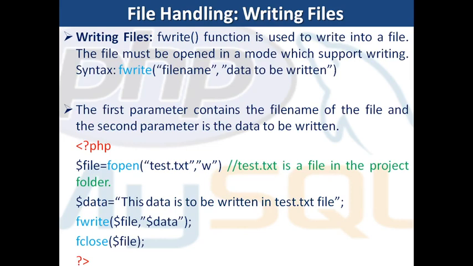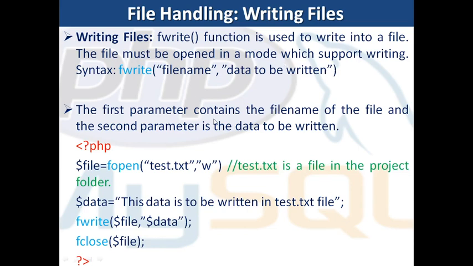Writing files. The fwrite function, we have seen it. The fwrite function is used to write into a file. The file must be opened in a mode which supports writing. That means we must open the file in A mode, W mode, R plus mode, W plus mode, or A plus mode.